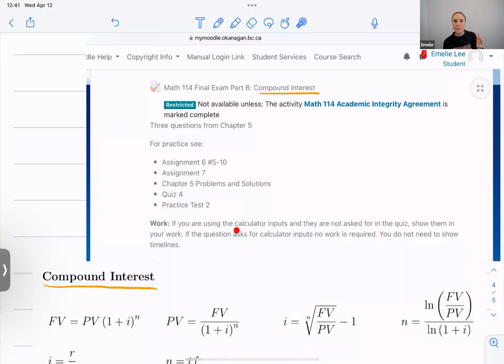If you have those, you don't need to show work. But if you're using the calculator inputs and they're not asked for in the quiz, you have to show them in your work. If the question asks for calculator inputs, no work is required. And you do not need to show timelines for the compound interest part.